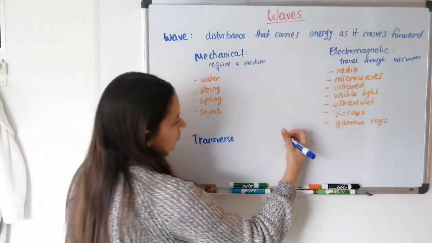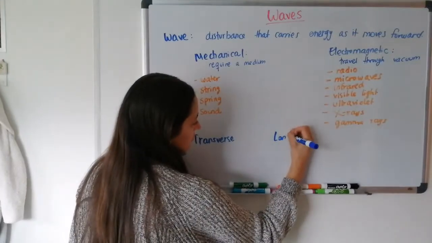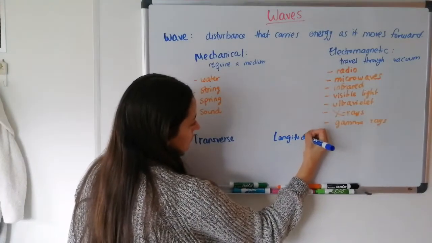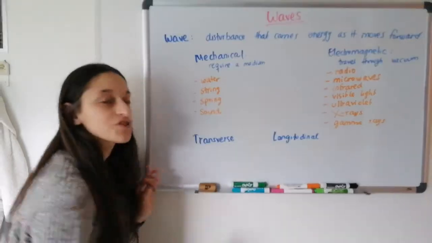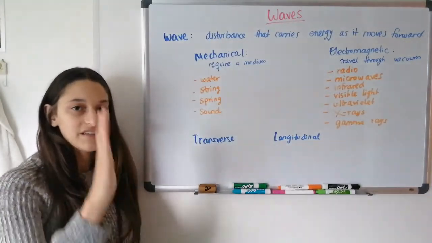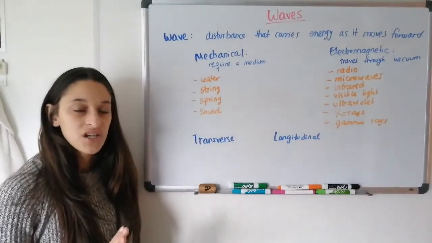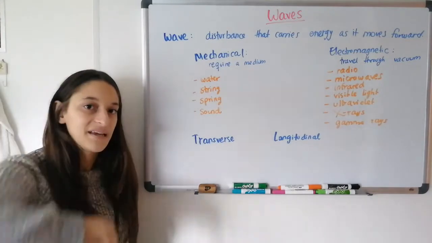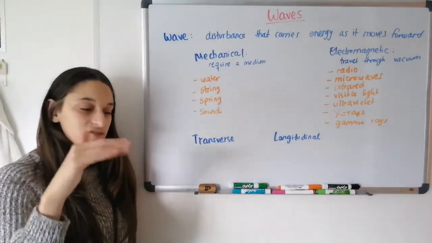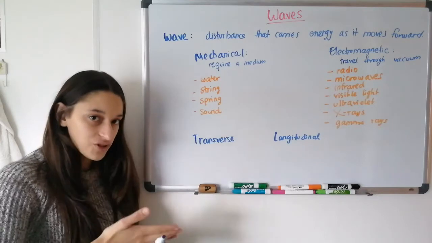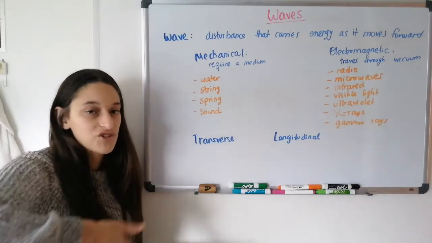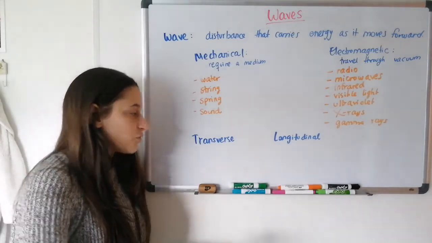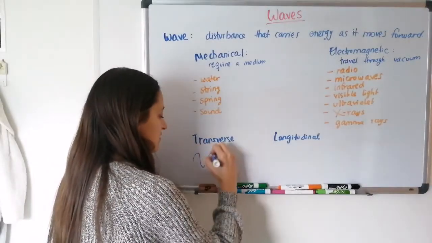And others are called longitudinal waves. So transverse waves means that a wave is like this, like the waves in the ocean. The direction of oscillation is up and down, up and down. That direction is perpendicular to the direction in which the wave is traveling. So for example, the wave is like this.